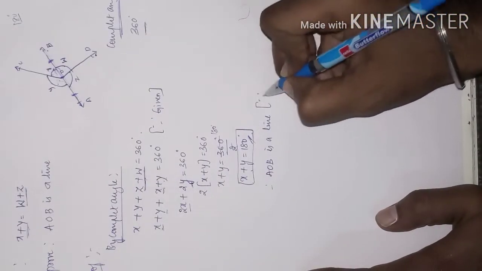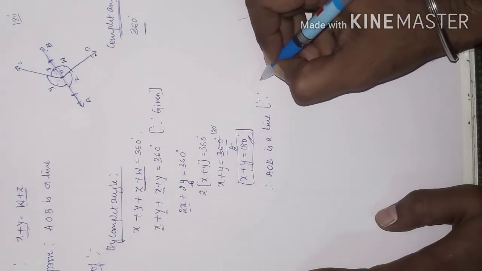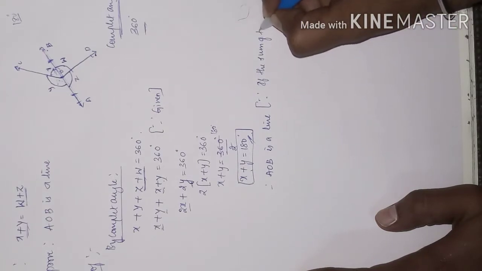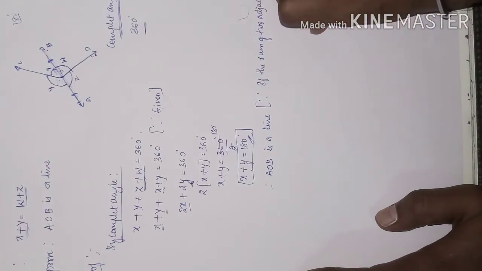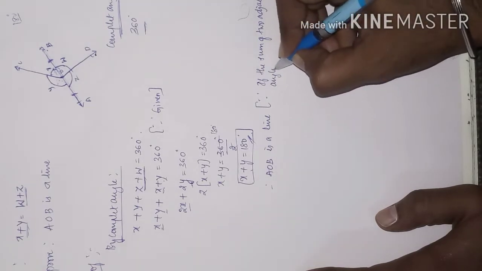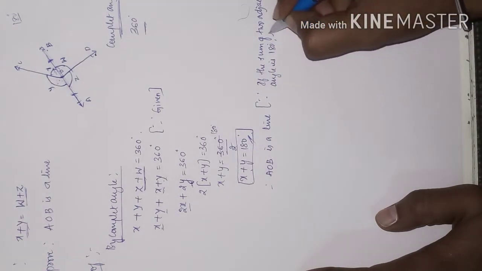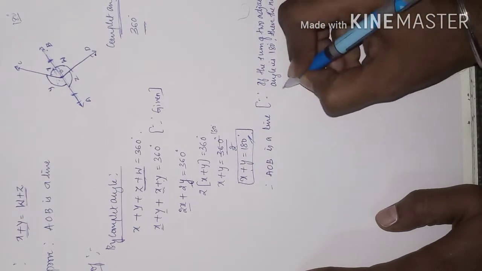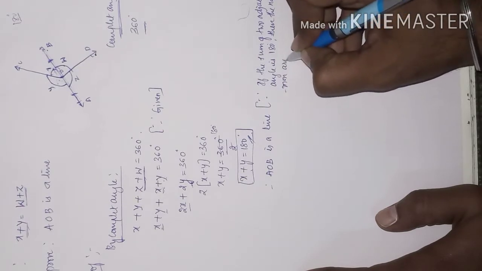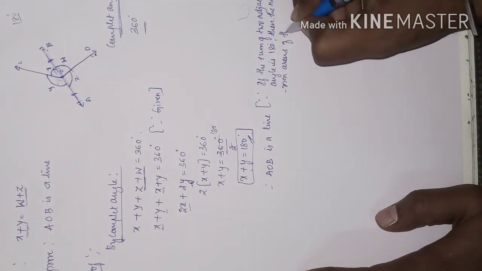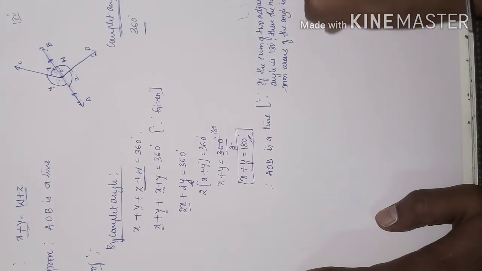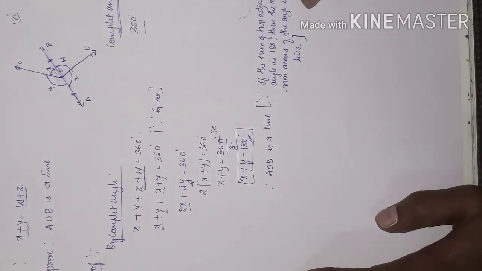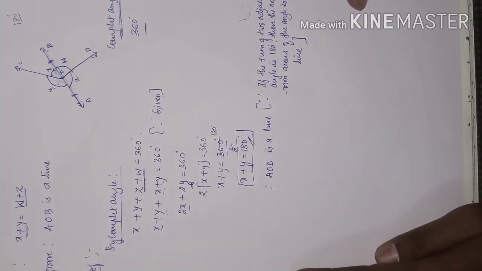The reason is: if the sum of two adjacent angles is 180 degrees, then the non-common arms of the angles form a line. The statement is a little bit big, but you should write this statement.